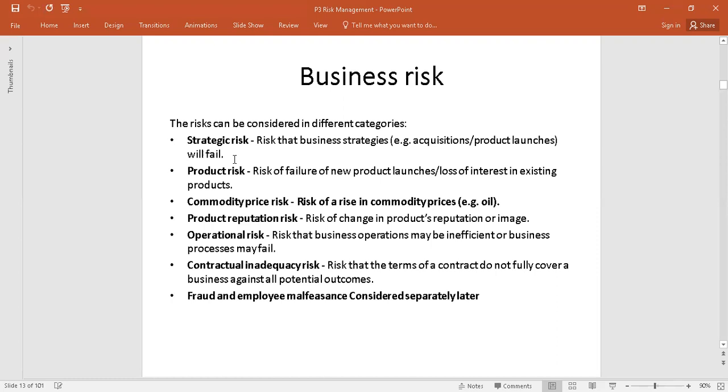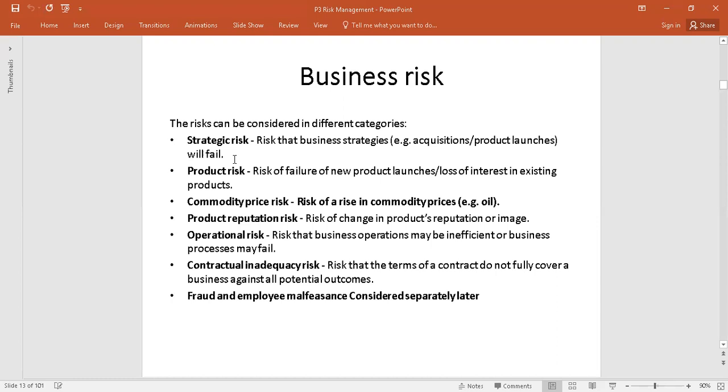So if the product is not doing well, if there is any risk associated with that, we call that product risk. Commodity price risk: in the commodities market, if there is price fluctuation and any risk arises on account of that, we call that commodity price risk.